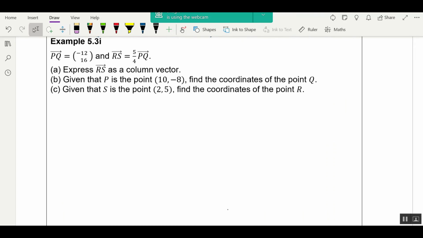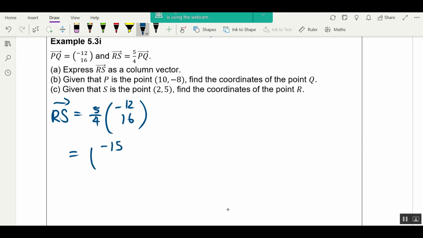Okay, PQ is equal to negative 12, 16. RS is 5 over 4 times PQ. What is RS? That would be equal to 5 over 4 times negative 12 and 16. So if you multiply it correctly, this will be negative 15 and 20. Okay, so this will be RS.